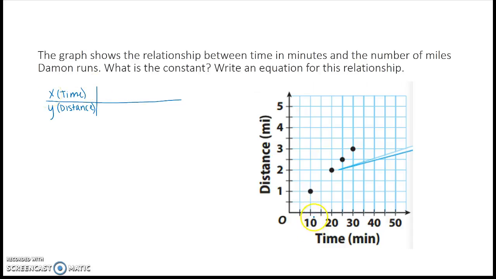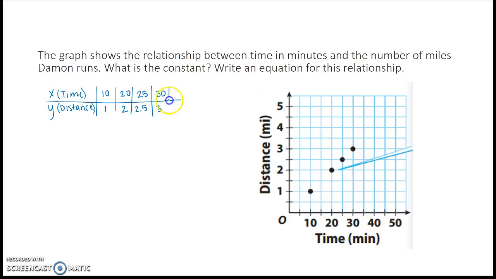So my first point is at 10 minutes. So 10 goes in X. My Y is at 1 mile. Okay, and then 20 minutes is 2 miles. And then 25 is 2.5. And then 30 and 3.